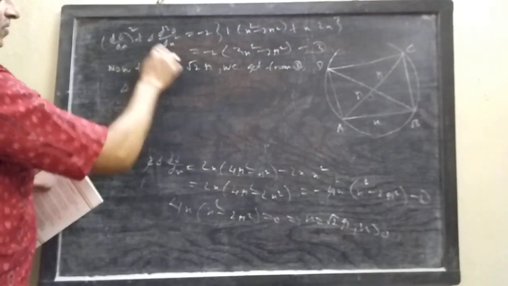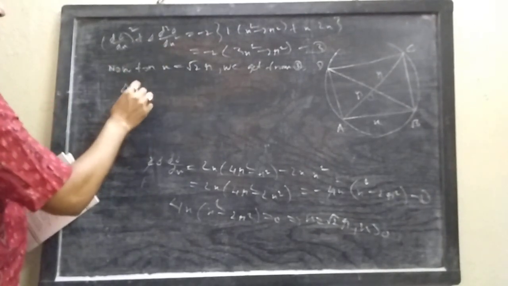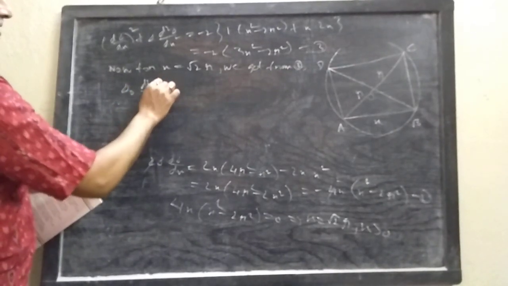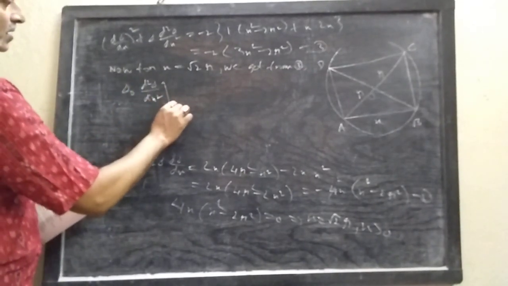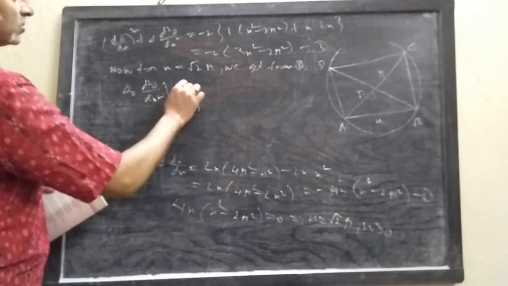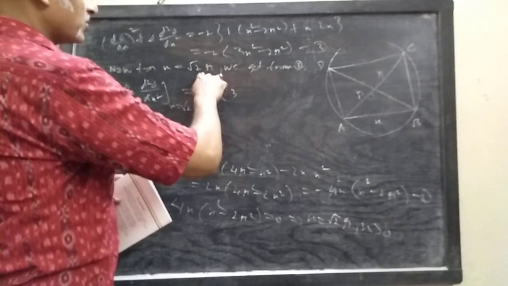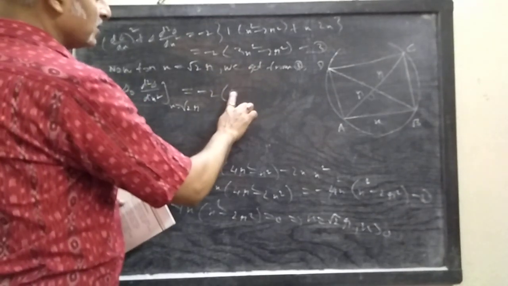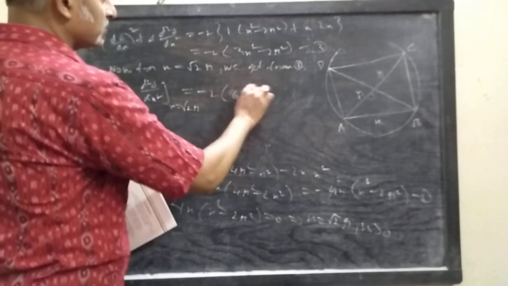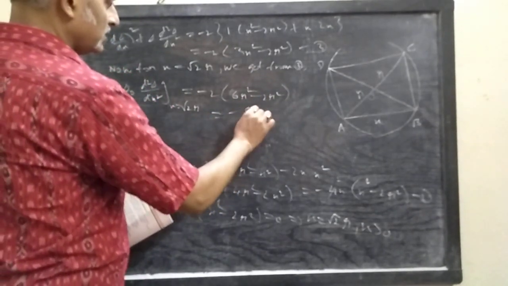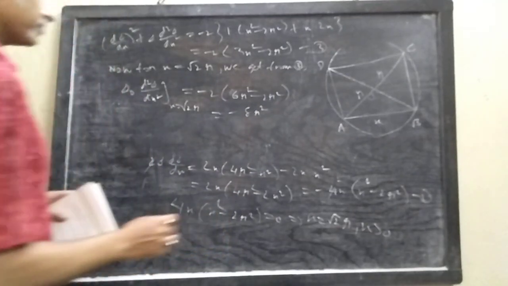Let the value of delta for this be delta 0. Then delta 0 into d2 delta dx2 at x equals root 2 R is equal to minus 2 into 3 into root 2 R square, that is 2R square, that is 6R square minus 2R square. This is minus 8R square.